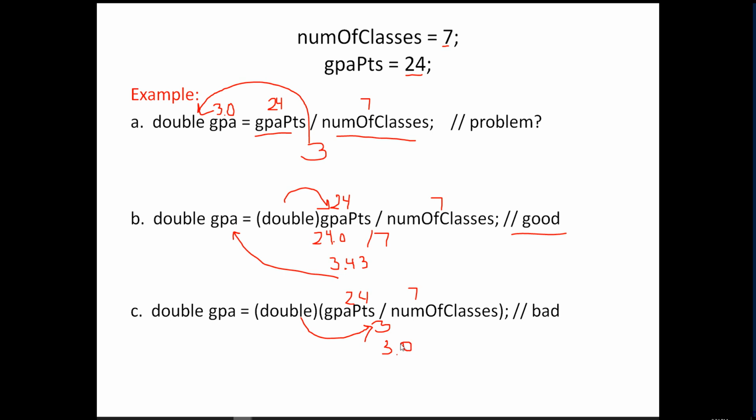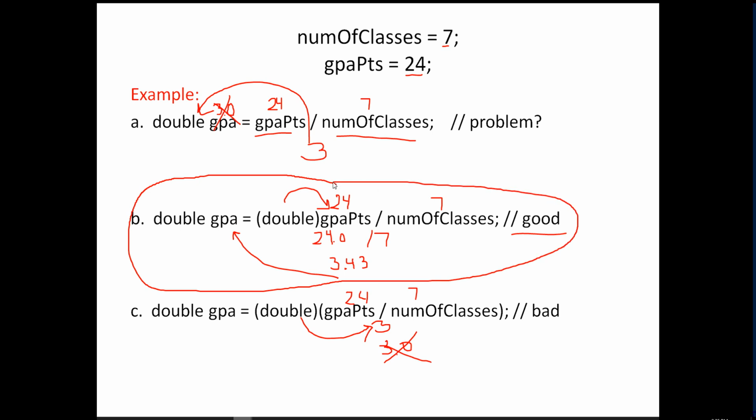And then you store the 3.0 in GPA. So again, that's not good. And this is not good. And so that's why the placement of your cast operator is very important. And that's how you can make this work.